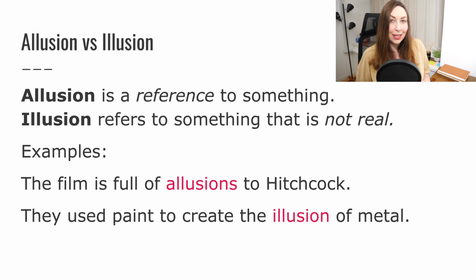They used paint to create the illusion of metal. So metal is not actually there. They didn't use metal, but the paint makes it look like metal. That is an illusion. It's not real. Okay, you got it? Let's go to our next pair.